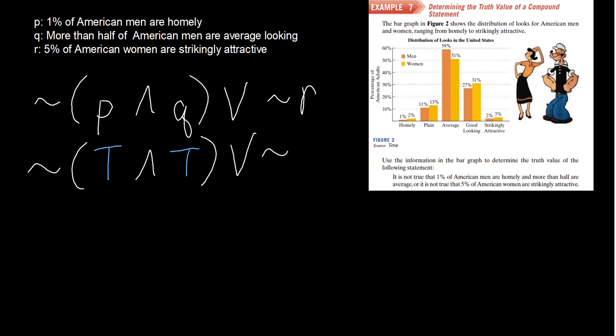Okay, so we go to strikingly attractive over here in the yellow. It's 3%, right? Well, R is the statement saying 5%, but on the graph it says 3%. So this is going to be a false statement. And then from here we can just follow along our negations and then the ors and figure it out.